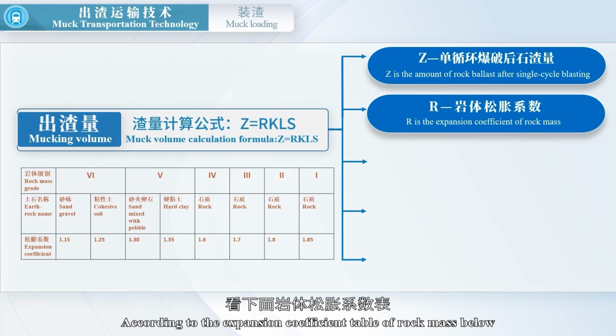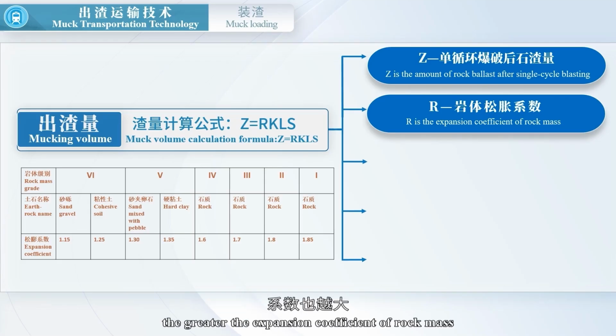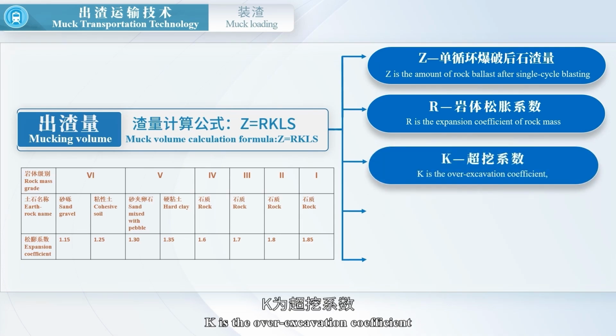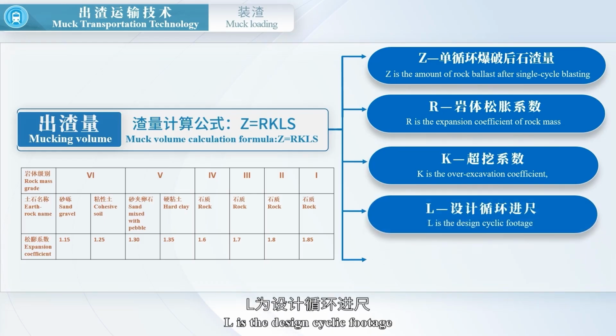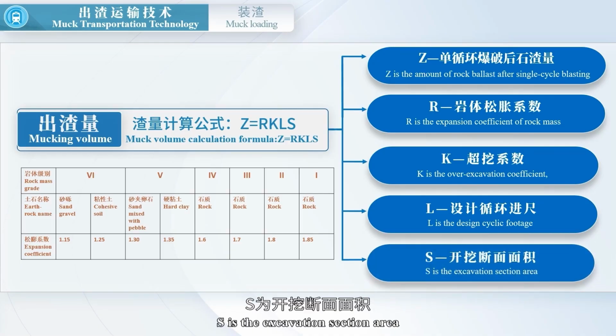According to the expansion coefficient table of rock mass below, the higher the grade of surrounding rock, the greater the expansion coefficient of rock mass. K is the over-excavation coefficient, which depends on the blasting quality, and is generally taken as 1.05–1.15. L is the design cyclic footage. S is the excavation section area.